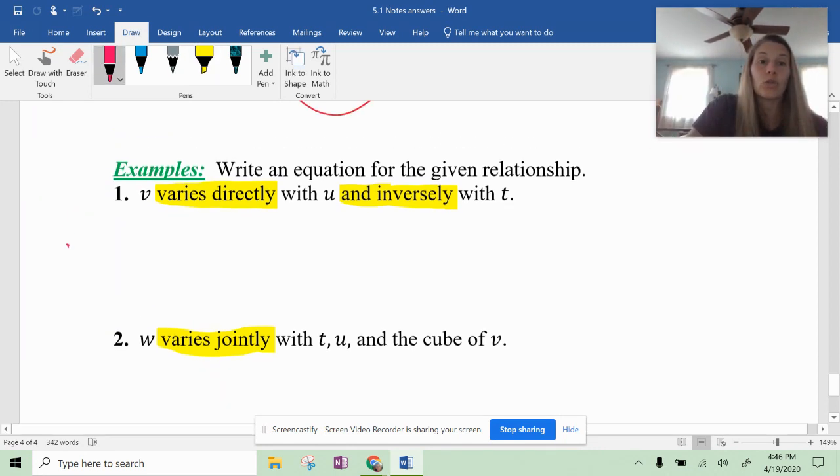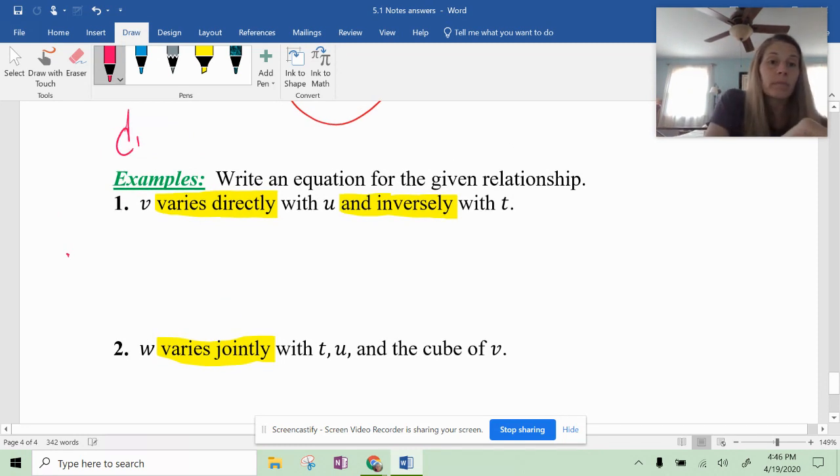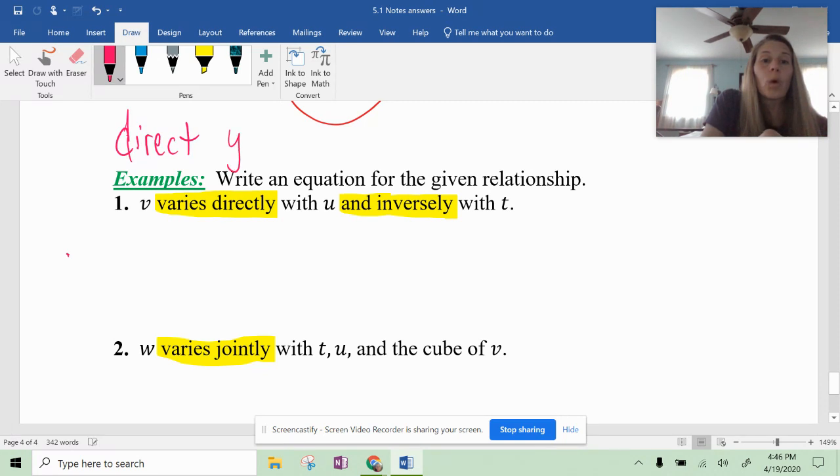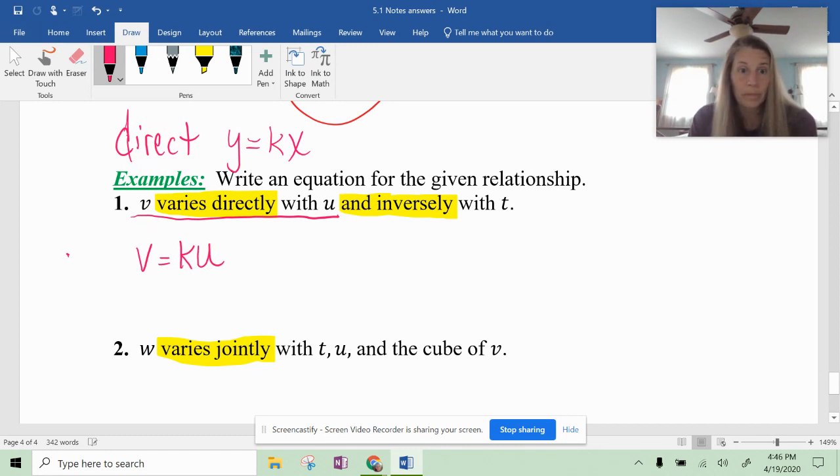So we know that direct, just from the beginning of our notes, if y varies directly with x, we're writing it as y equals k times x, right? So if v is varying directly with u, that's going to be v equals k times u.